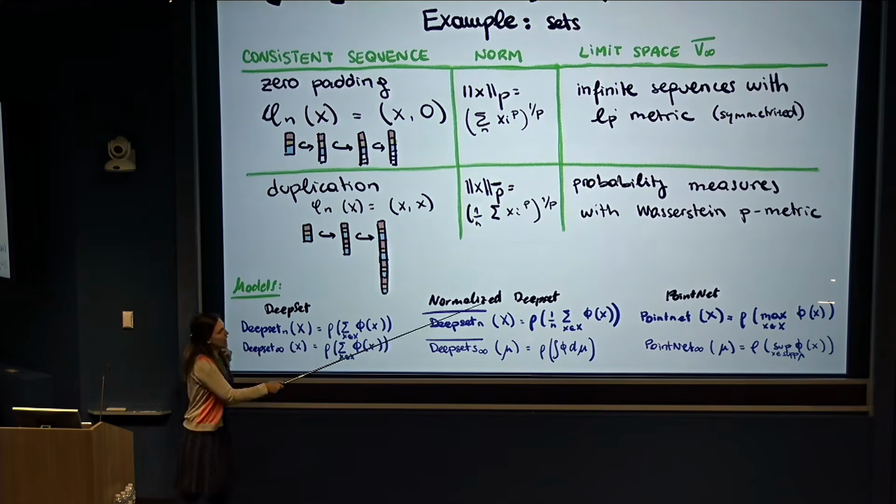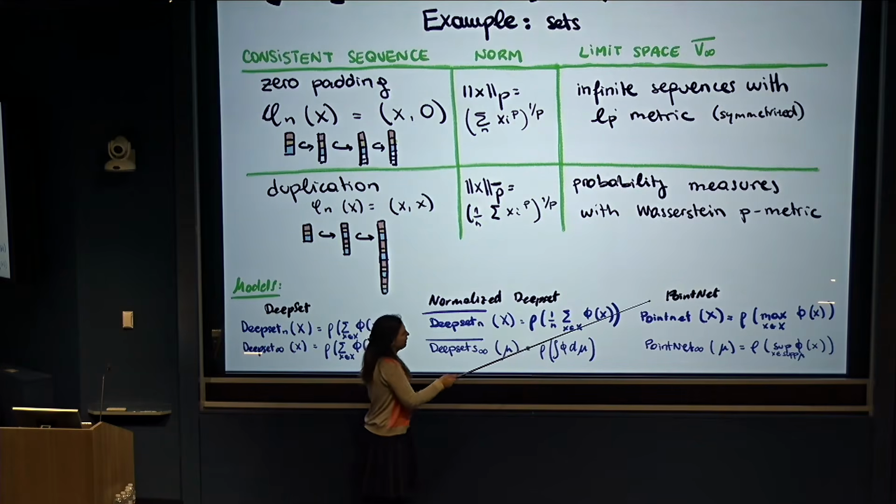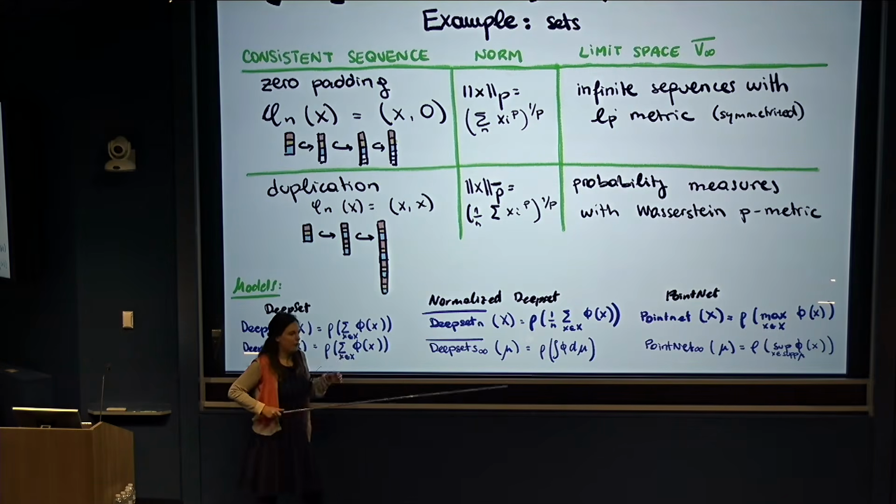You can also normalize these deep sets by dividing by the number of points that you're averaging over, or use PointNet, which replaces the sum with a max. All these three models are maybe equivalent on a finite space, but they are not equivalent in how they generalize to larger objects.